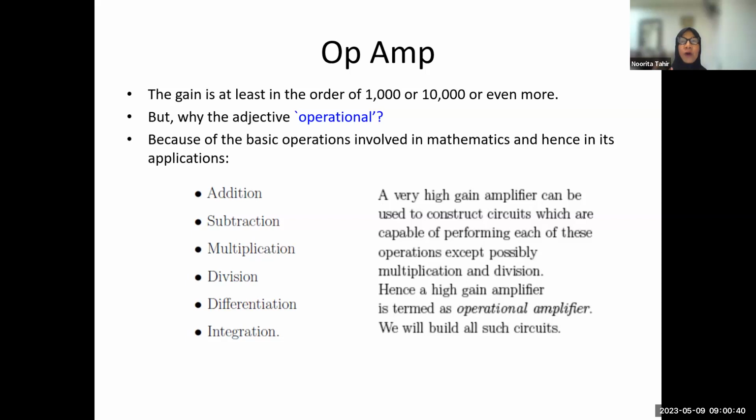It's called an operational amplifier because we know an amplifier is something that we can use to amplify signals. But this 741 is a bit unique, in that we put an adjective in front of it, the word operational, because it can actually perform several mathematical operations.